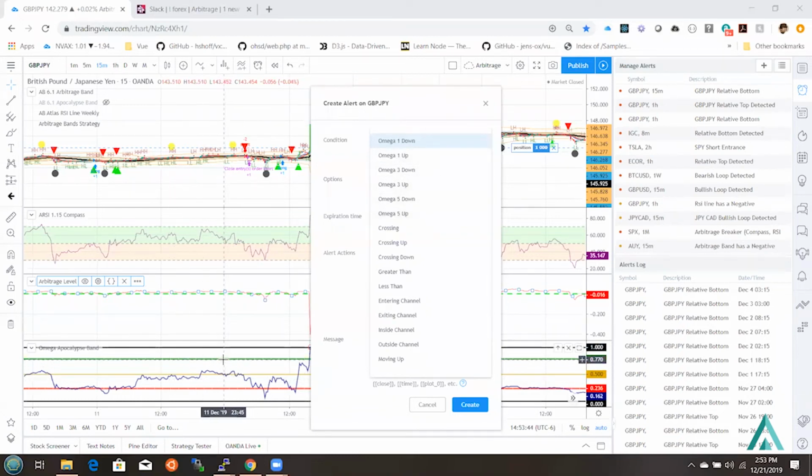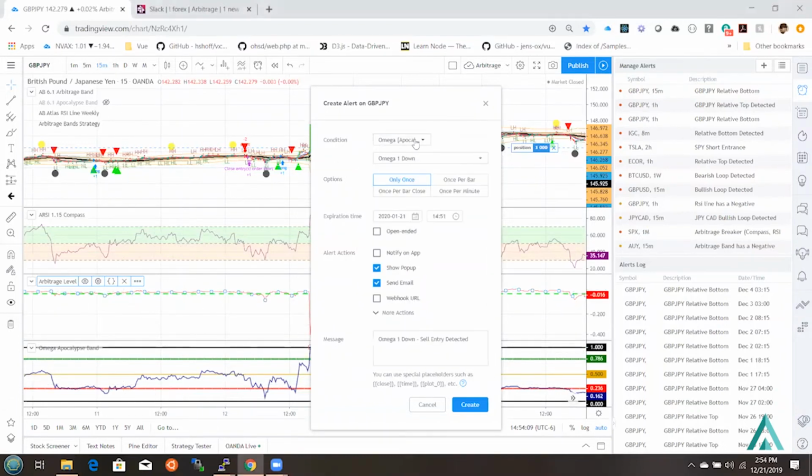And if you're wondering what that is, the green one is 1, the yellow one is 3, and the bottom one is 5. And basically, it's like a speedometer. 1 is it's moving the slowest. 3, it's moving faster. Red, basically, you're running out of probability. You're running out of space for the fractal to actually form. So you should expect it to bounce. So you can actually make it alert on that as well.